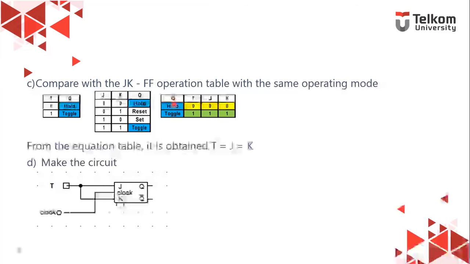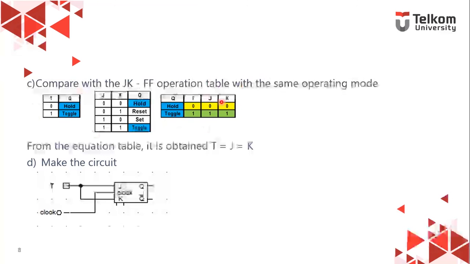When the operation is hold, we see that in the T flip-flop the input is 0 and in the JK flip-flop it is 0 0. So we put that 0 in the comparison table of those two flip-flops. So hold will be 0 0 0 and toggle the same as before, 1 1 1.